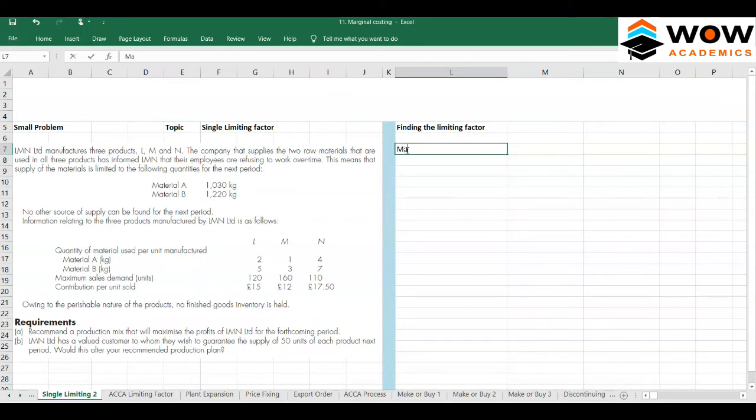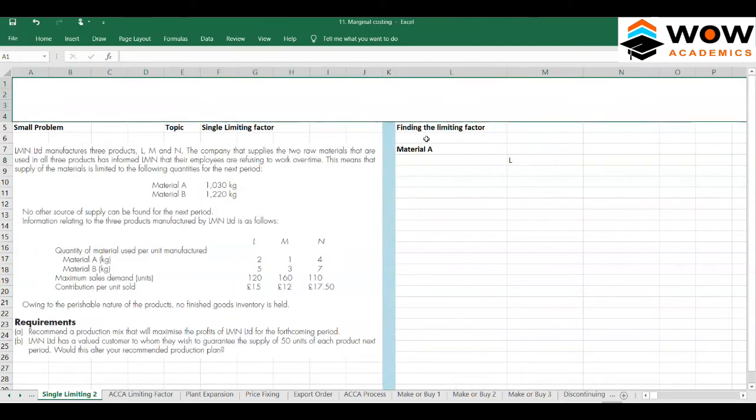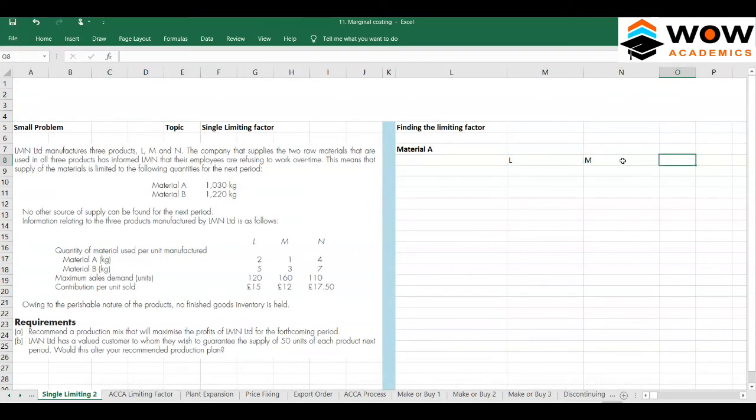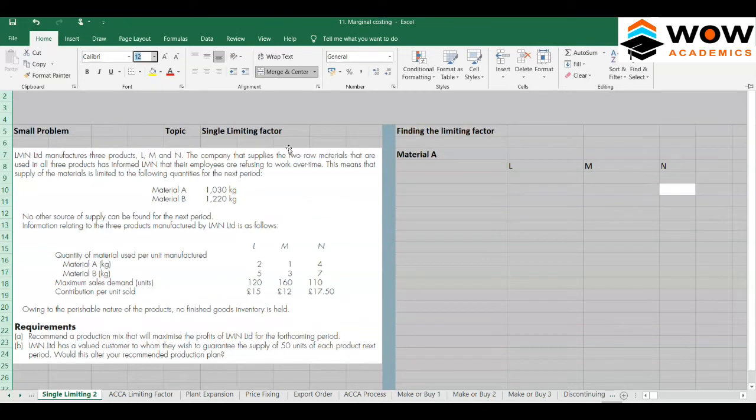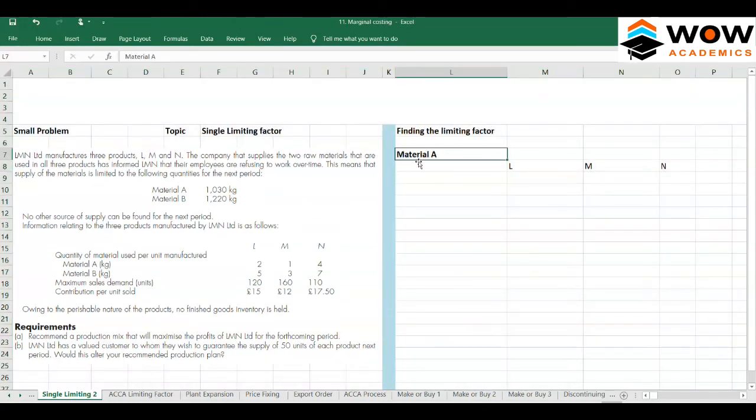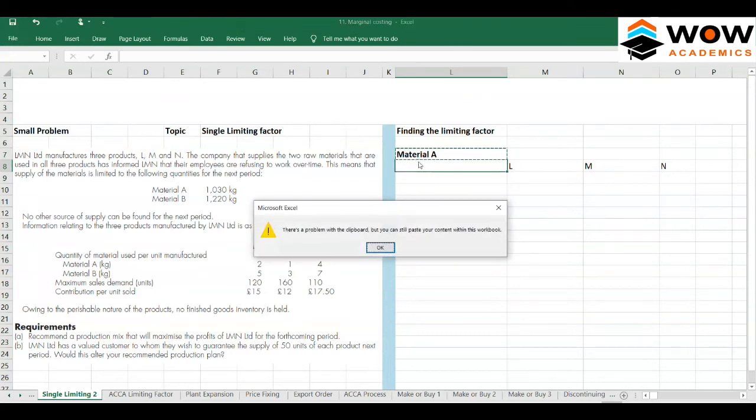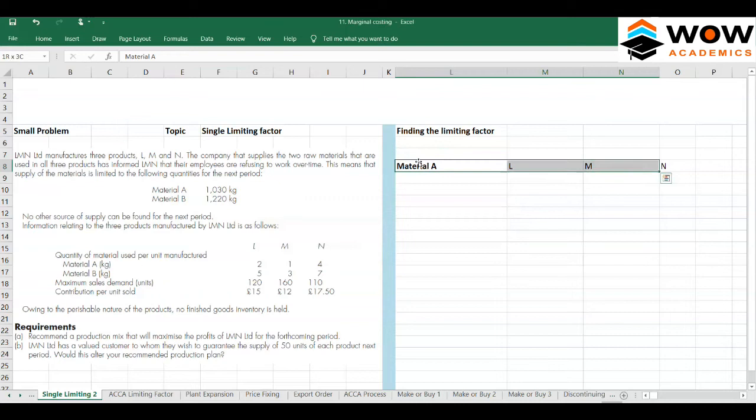We'll first start with material A. There are three products here: L, M and N. First, material A per unit: how much material do we want?